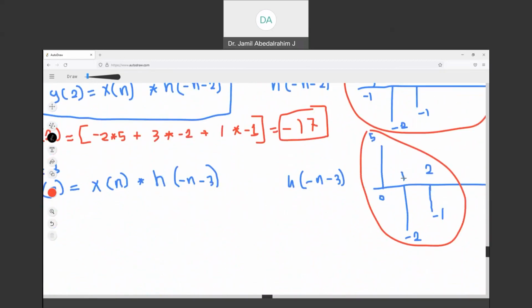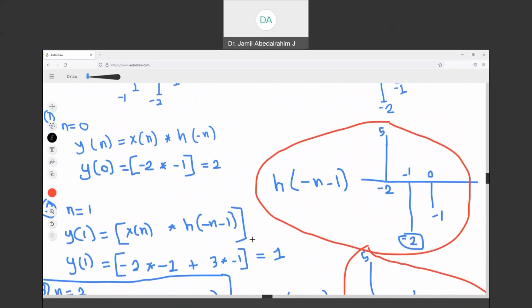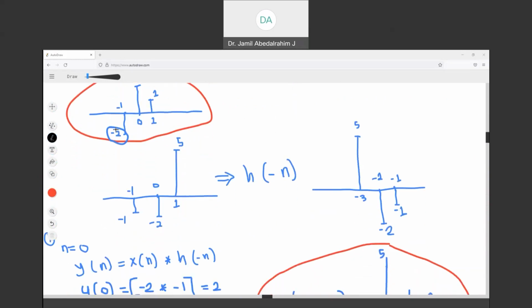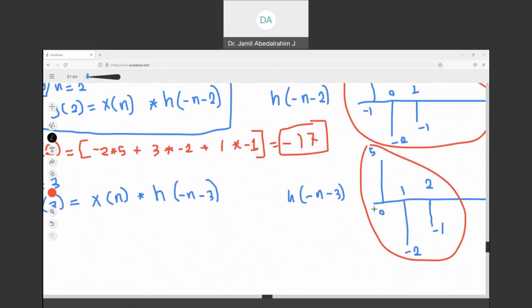Then at 1 we have here at 1 we go to x of n, we also have at 1. Okay, so only at 0 and 1, because here negative 1 and here there is no negative 1.